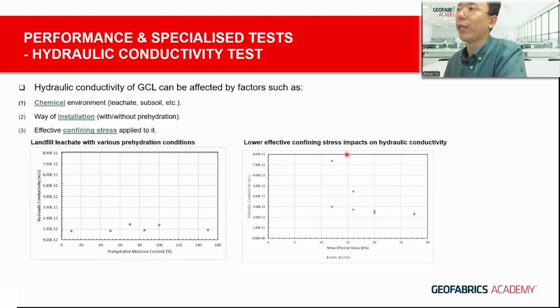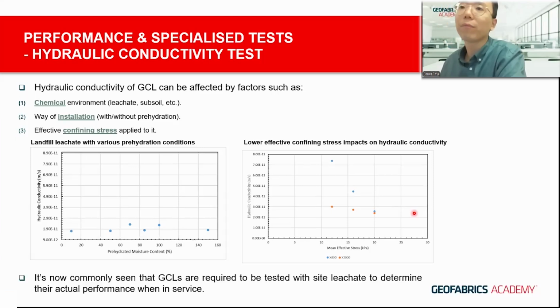As you could see, as the mean effective stress increases, you experience a decrease in the GCL hydraulic conductivity. This is because at higher pressure, the bentonite clay consolidates and the pore volume decreases. The lower the void ratio, the less permeable it is. That comes from soil mechanics.